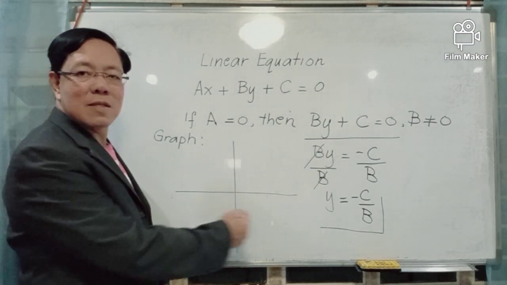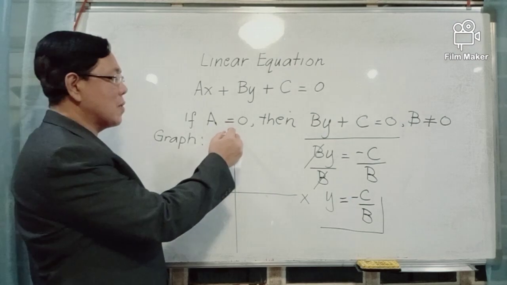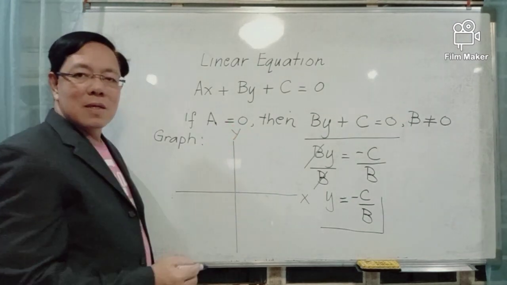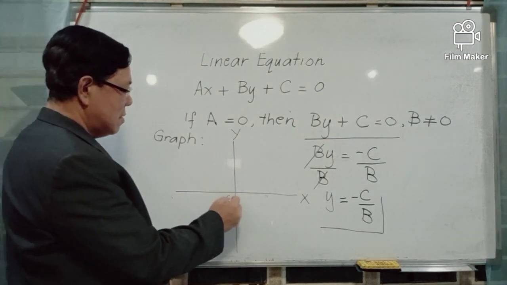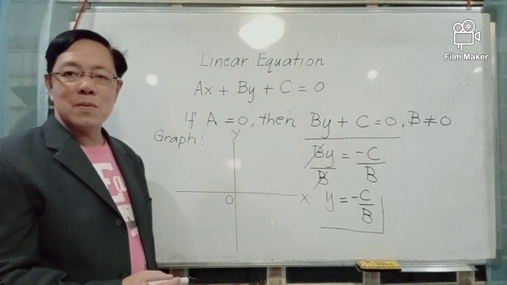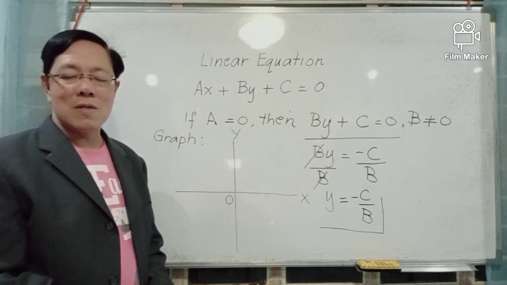The horizontal axis is denoted by x. The vertical axis is denoted by y. The intersection of the two axes is denoted by point 0, known as the origin, and its coordinates are 0, 0.